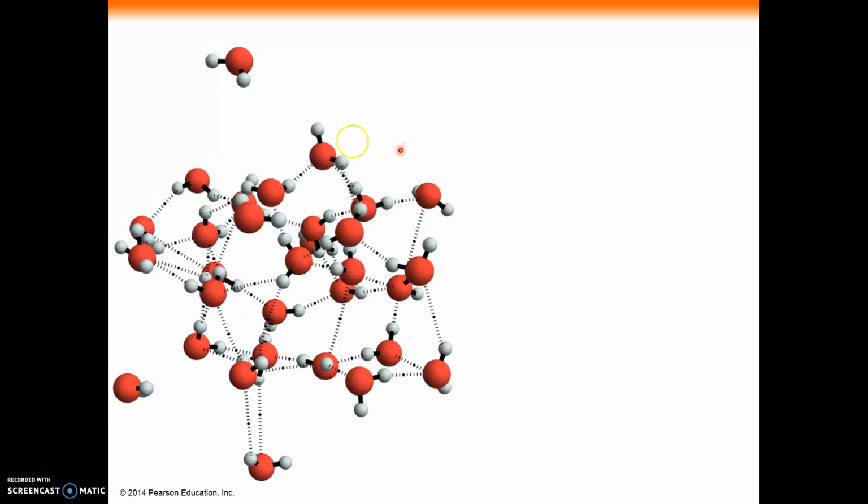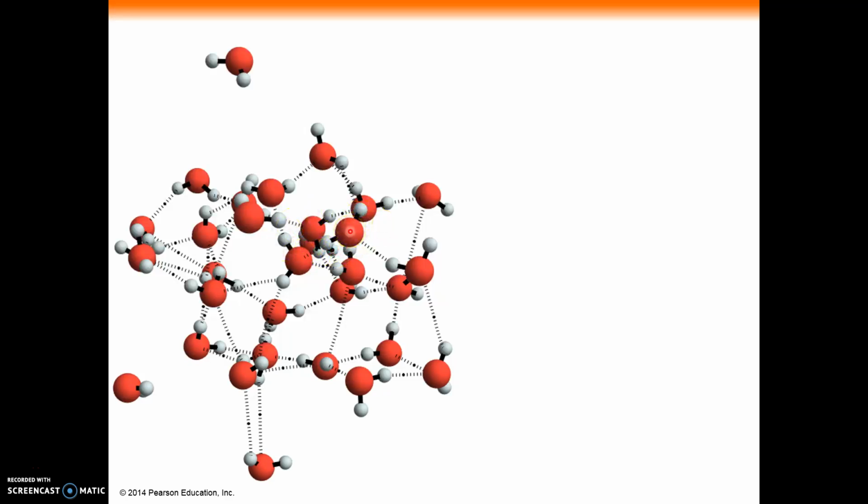That requires a lot more thermal input or more energy transfer than if there were no hydrogen bonds here. Things that don't have hydrogen bonds tend to evaporate very rapidly.